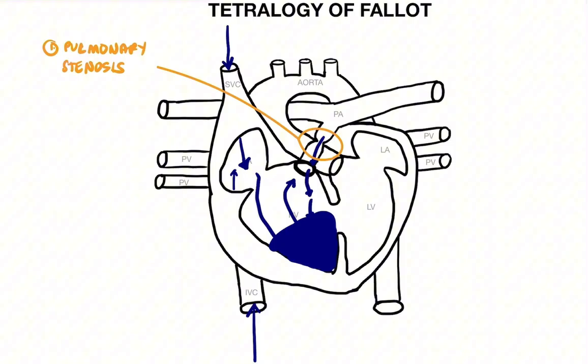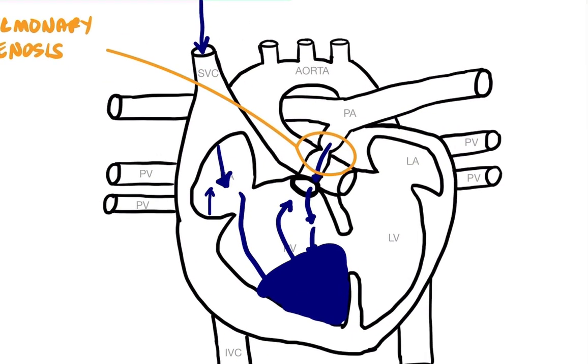It's supposed to go to the rest of the body, but it has a difficult time because there's this stenosis. So the muscle over here has to push extra hard.